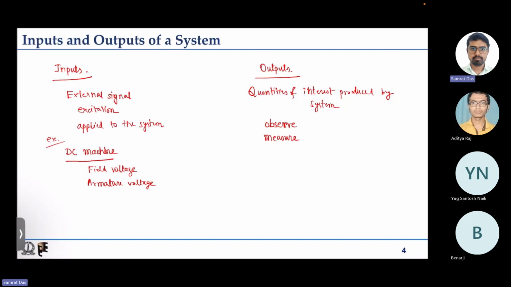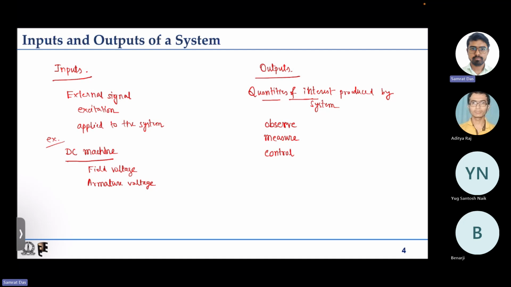If we want to measure the current, we can use an ammeter or current sensor. If we want to measure the speed, we can use a tachometer or a digital tachometer. And because that is a quantity of interest to us, mostly we would also like to control that quantity.